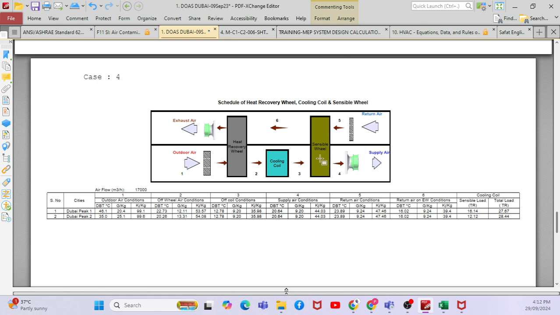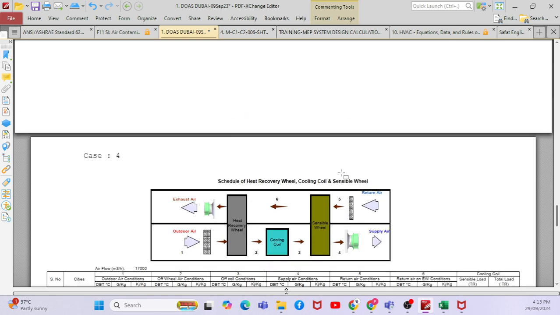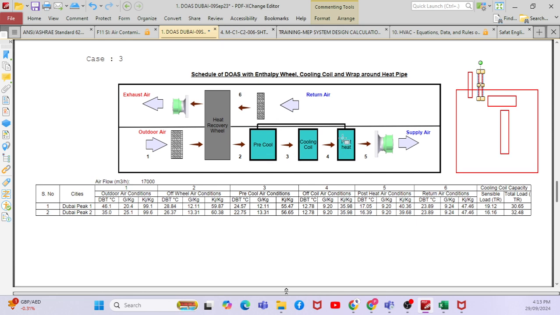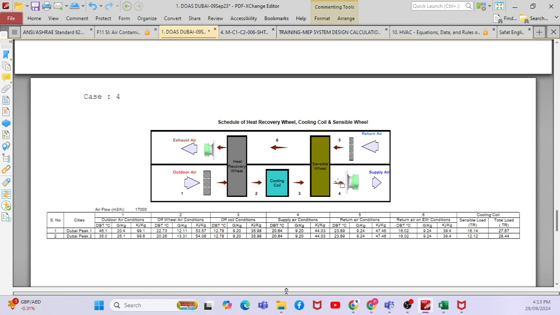Either I can use a sensible wheel, or I can use a heater, or I can use a pre-cool or post-heat pipe. I can use anything, but I have to see what the energy consumption is. If I use a post-heat pipe, maybe energy consumption will be say 3 kilowatt or 2 kilowatt. But if I use a heater, the kilowatt will be much higher than the coil load.